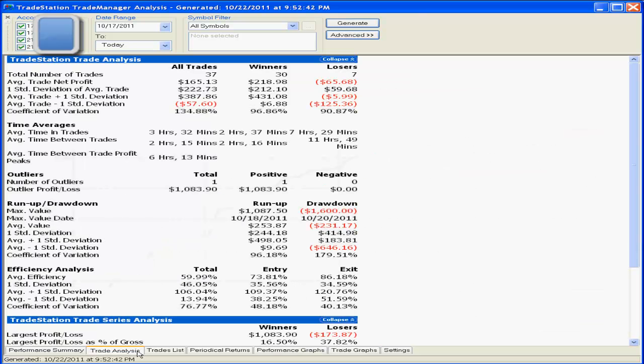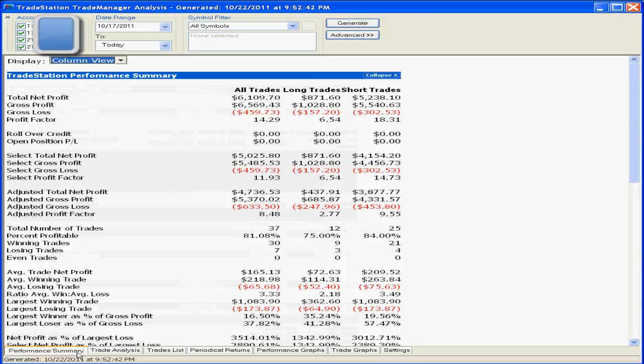Let's do a performance summary here. All right, so you have a total net for the week of 6,100, and just a loss out of this here for 460.